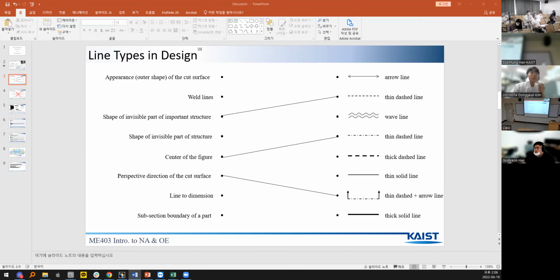There are two individual parts here. Okay, I will change my answer. There are two dashed lines, a thin dashed line and a thick dashed line. So the important part will be thick, and other invisible parts will be the thin dashed line.